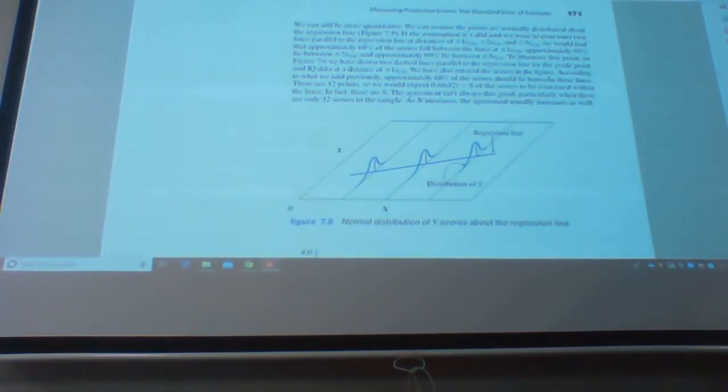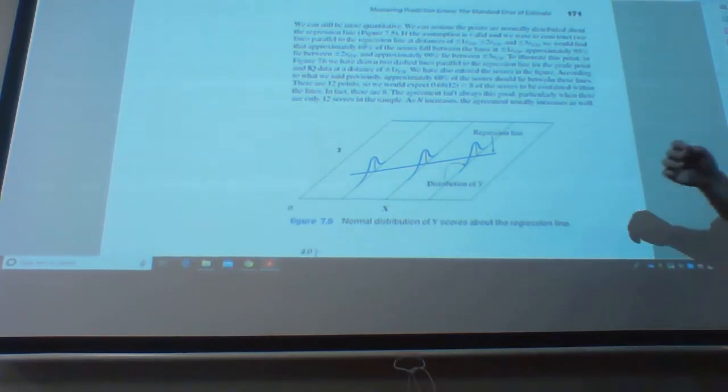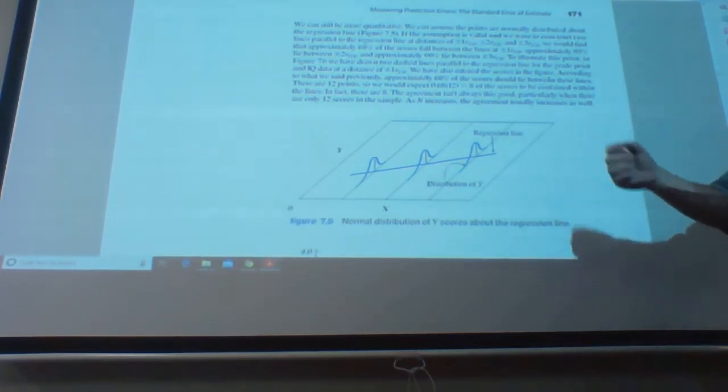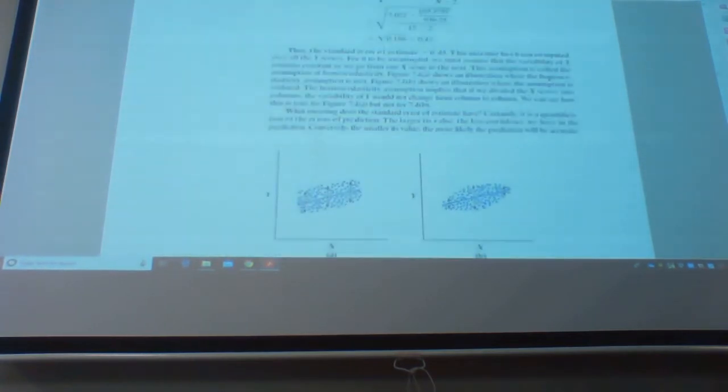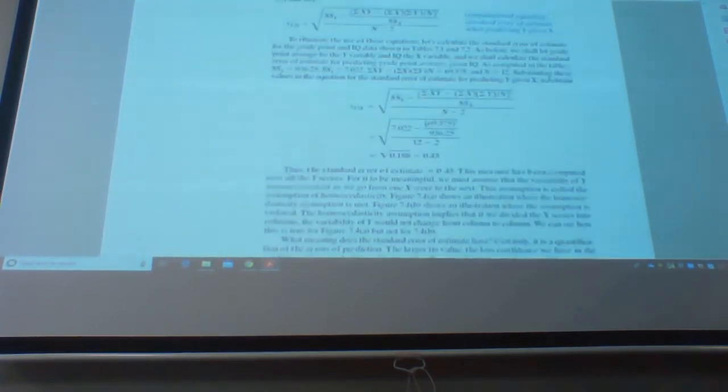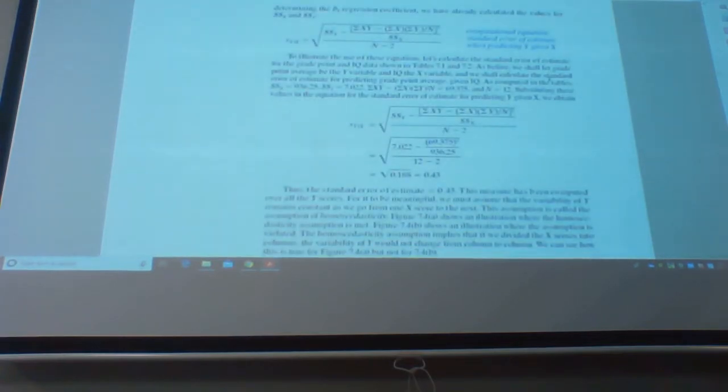But because it's a predicted value, we don't say standard deviation. Our way of saying standard deviation around the prediction point is to call it the standard error of the estimate. Okay? So the standard deviation around the prediction point is known as the standard error of the estimate.